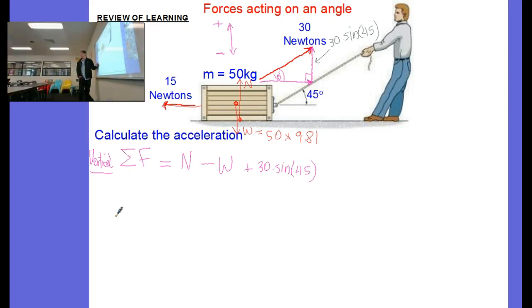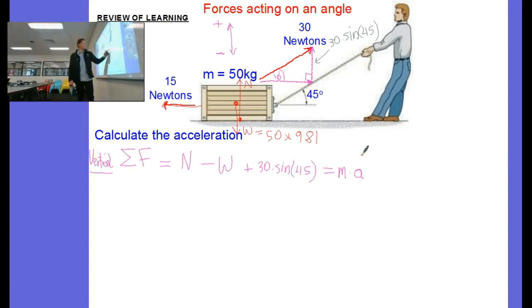Everybody understand? Okay, so that's all our forces to form the net force in the vertical direction. And Newton said that the sum of all the forces must be equivalent to what? Mass multiplied by the acceleration of the object.